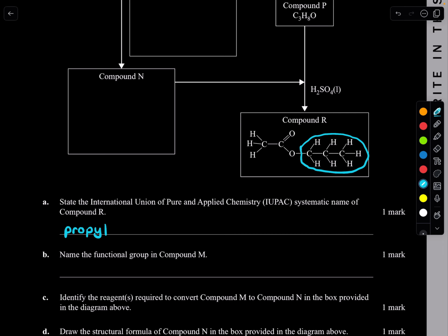So propyl in this case, and then you end with the number of carbons of the carboxylic acid, which is 2, which is ethanoate. If it was 3, you would say propanoate. So this is going to be propyl ethanoate. Done. Very nice and easy to name esters.